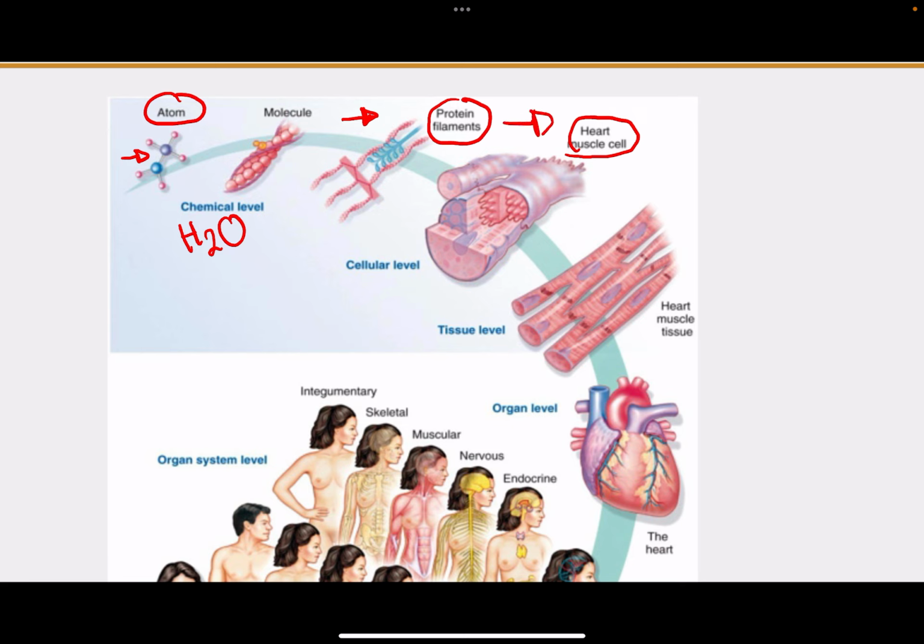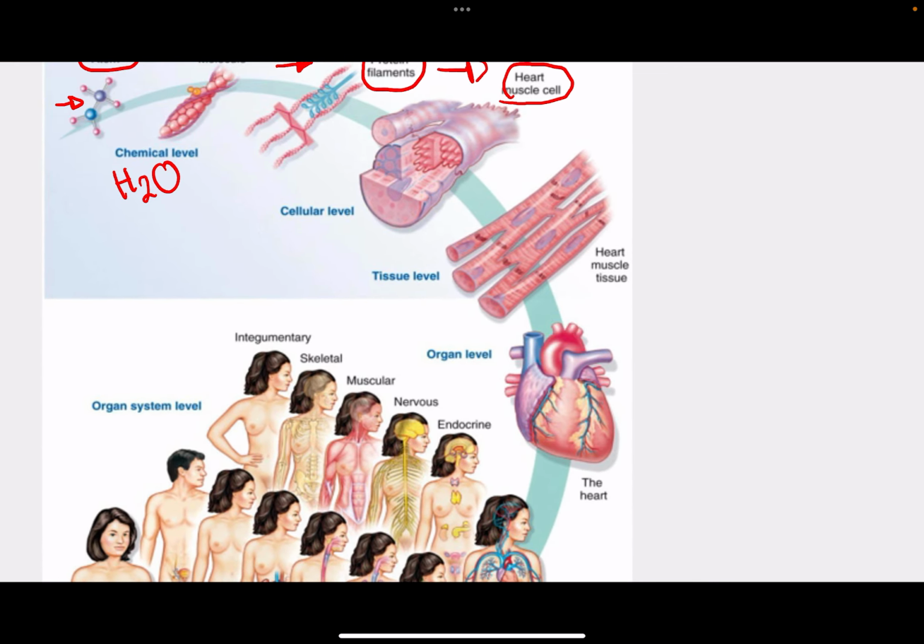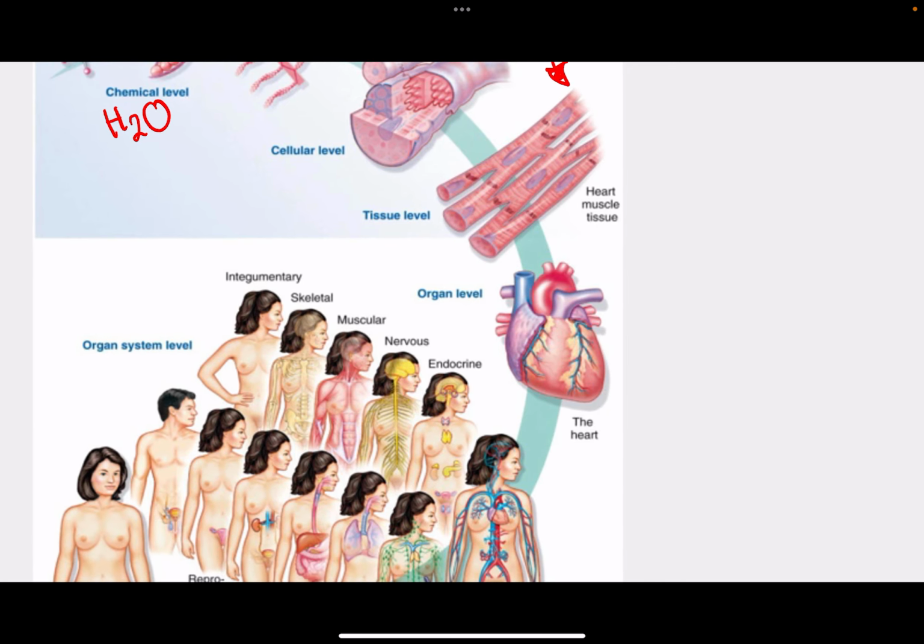The protein filaments are going to join together to create a heart muscle cell. Now, when those cells start joining together, then we finally have cardiac muscle, or the heart muscle tissue. So muscle is a type of tissue, guys. Then once those heart muscle tissues start joining together, we finally have the functional organ that is the heart. It's going to help us beat and contract.